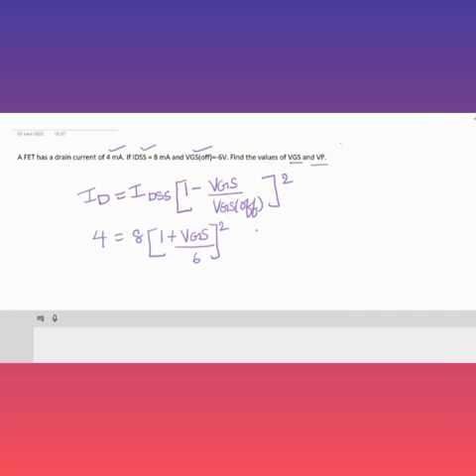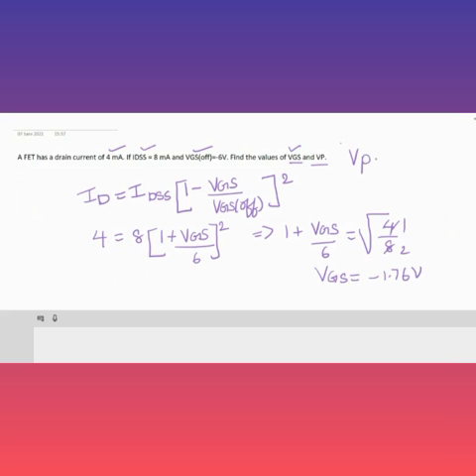So when I solve this, I'm going to get 1 plus VGS by 6 is equal to root of 4 by 8. That is 1 by 2. So when you find all this, finally my VGS will be equal to minus 1.76 volt. Okay. So now I've finished calculating my VGS. Now I have to find my VP.